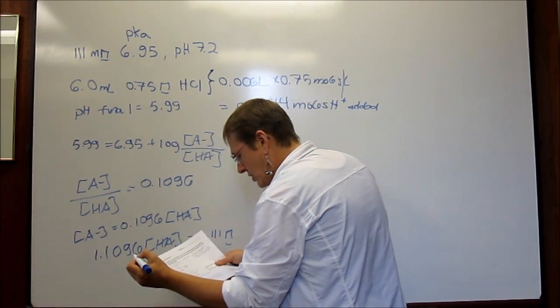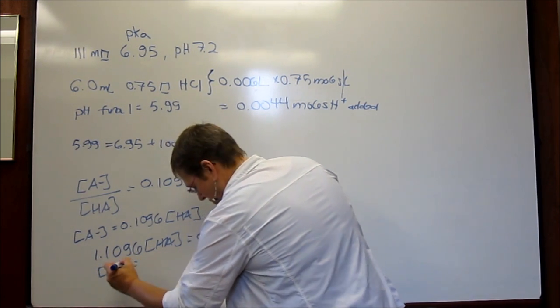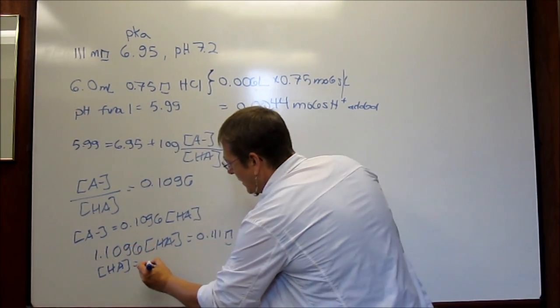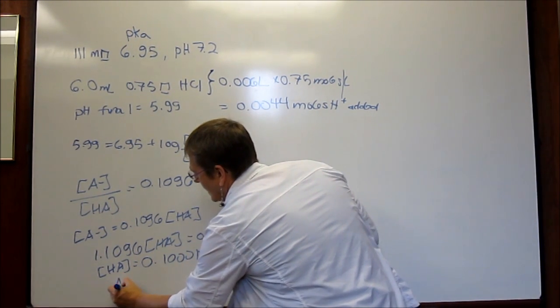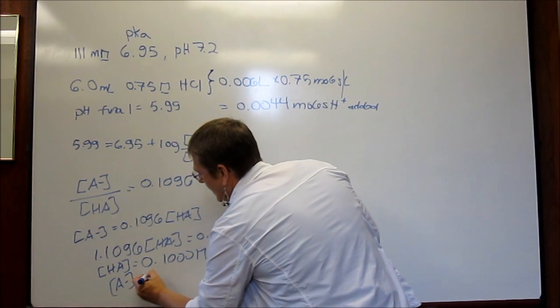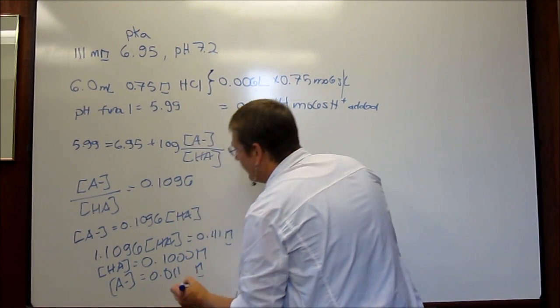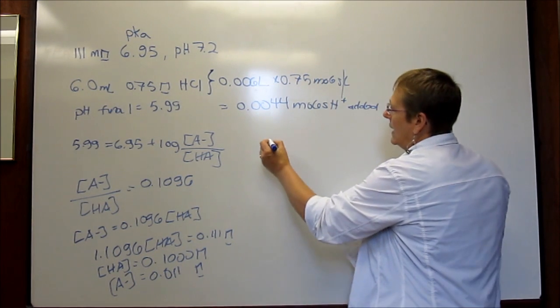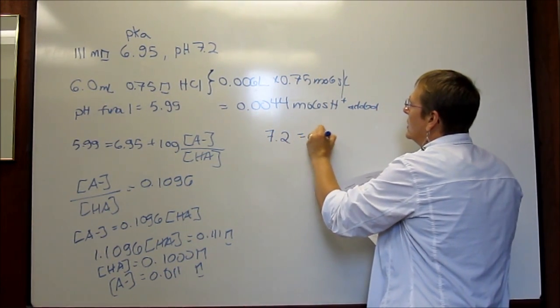And we can get our two concentrations here: HA equal to 0.1000 and A minus concentration equal to 0.011 molar.